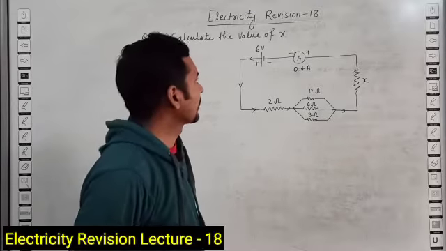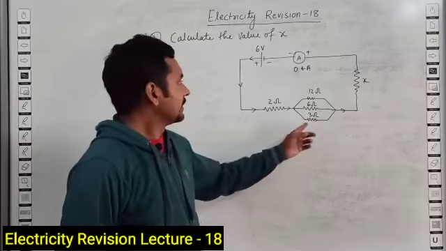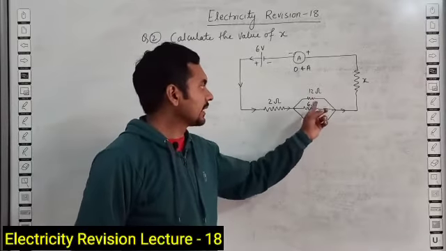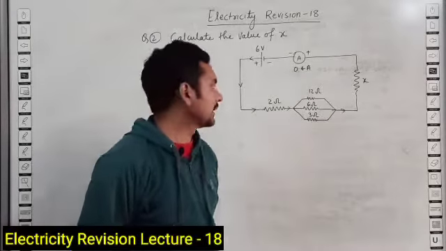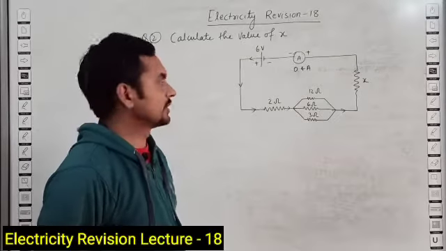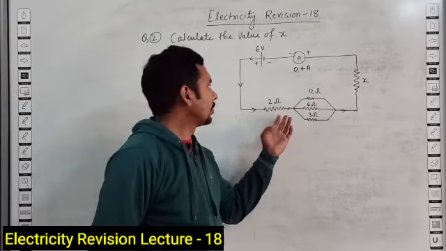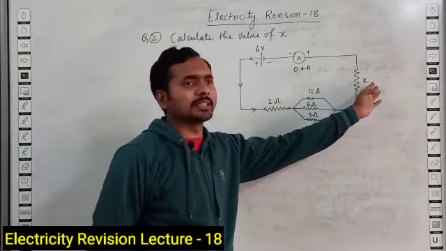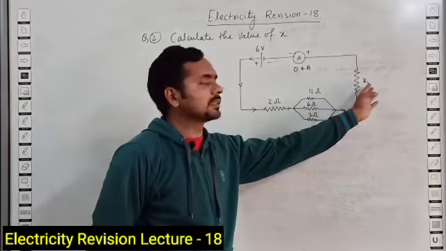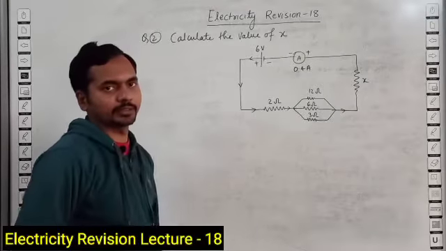Ammeter is showing 0.4 ampere current, and these three resistances are connected: 12 ohm, 6 ohm and 3 ohm are in parallel combination, and one more resistance is there, 2 ohm, and one more unknown resistance, that is the X. So we have to find the value of X.